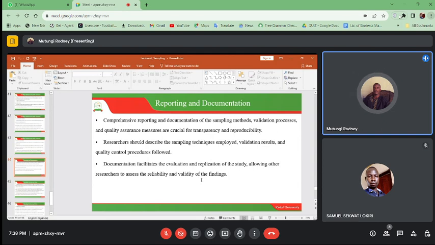Then after you've done all this, you need to report now about how you did it. Okay. So reporting will enable us to know what could have gone wrong, or if you did it right and you captured it or documented it, we can always use that information so as to reproduce the same quality work.